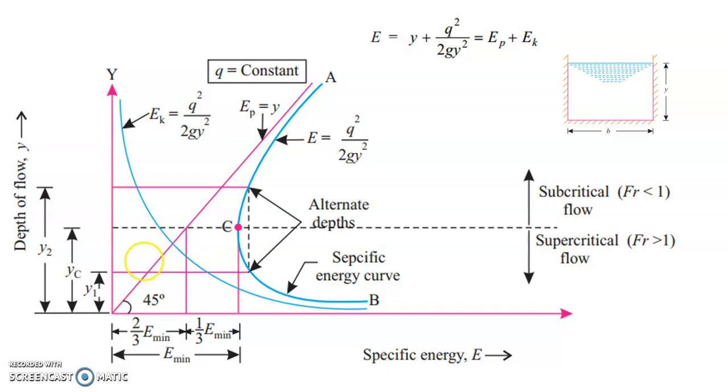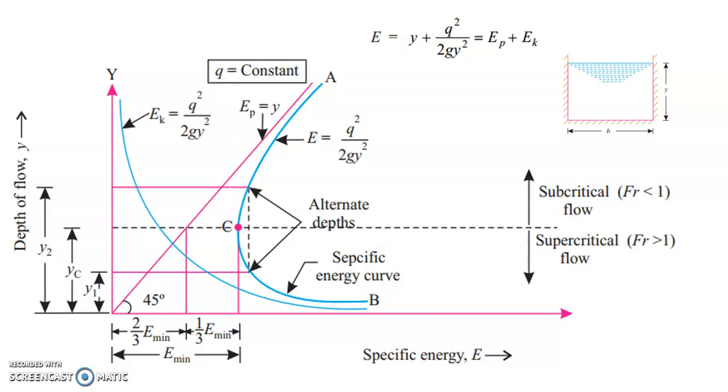Now point C always corresponds to a level known as the critical level, and the flow is known as critical flow, where Froude's number is equal to 1. Any value beyond yc, let's say y2 is more than yc, if we calculate Froude's number, it will always be less than 1, and the flow is subcritical flow.